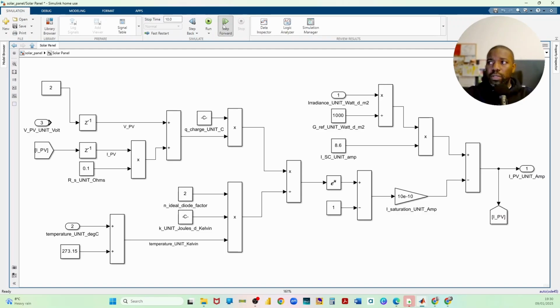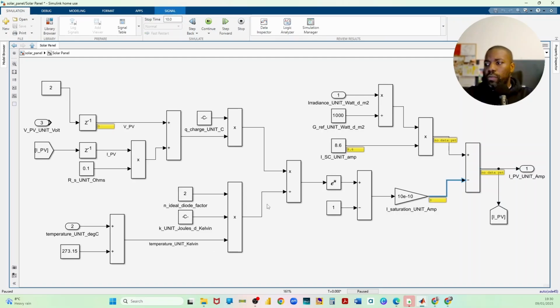So if I press step forward, it will step, and then what I can now do, which is incredible, is interrogate almost every single signal by just clicking on it and seeing where the data to the output is coming from, right? So maybe I'm interested in knowing what's happening here.